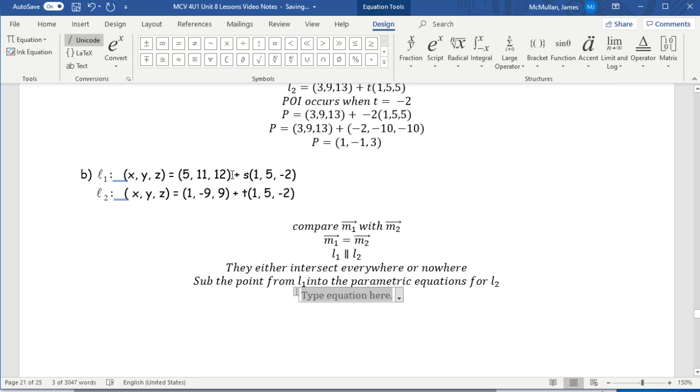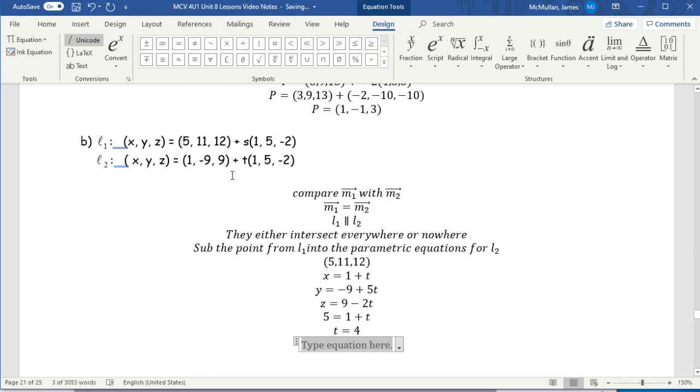So observe, L1 has the point 5, 11, 12. L2 has the following parametric equations: x equals 1 plus t, y equals -9 plus 5t, and z equals 9 take away 2t. Let's solve the first one. x equals 1 plus t. So 5 equals 1 plus t, therefore t equals 4.